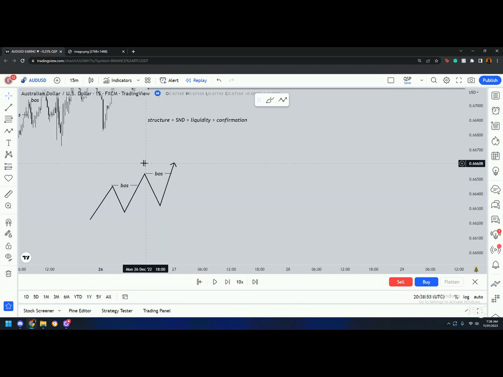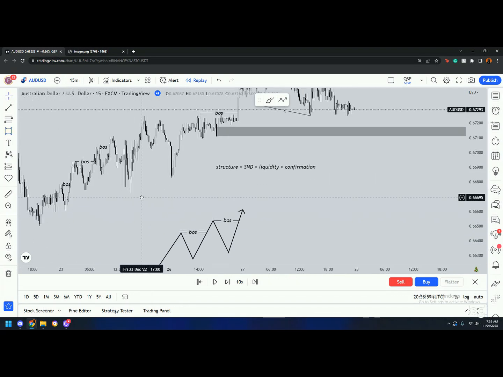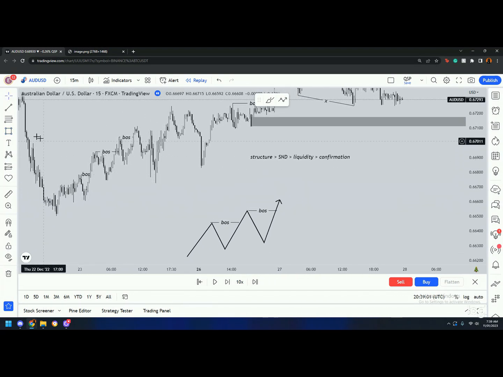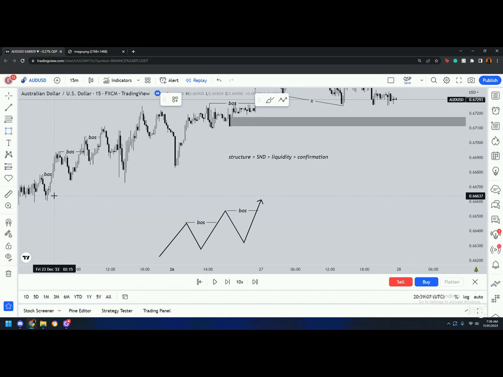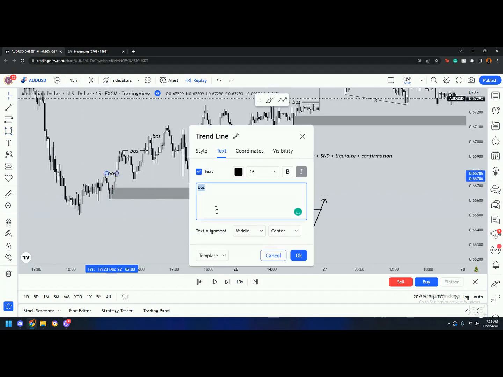You choose a good one. This is a break structure, so where is the first down candle before the up move? We have that candle. That's the break structure, so that's a valid POI.